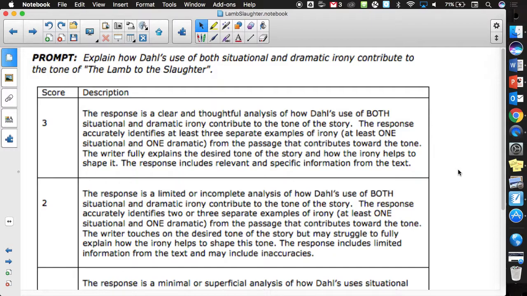When you do your Keystone, it's considered to have 52 questions, or 52 points.